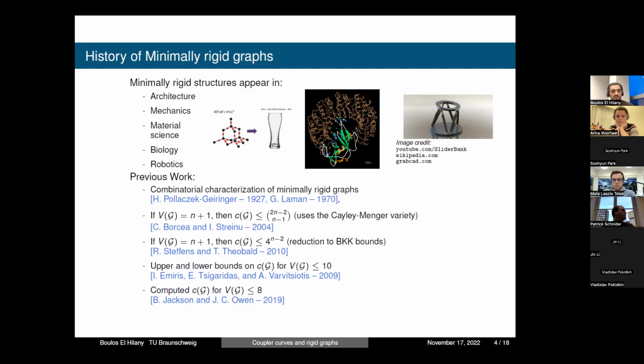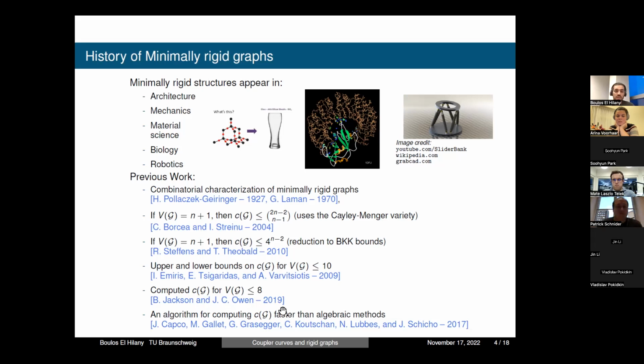There are some other results which I'm not going to go through in detail, but one thing to know is that only recently there was a first algorithm for computing the number of realizations without using algebraic geometry, a purely combinatorial, graphical method to compute it. This is an actual algorithm that works well up to 12 vertices, but higher than that it still works, though one has to have some nice graphs in order to get fast enough computations.